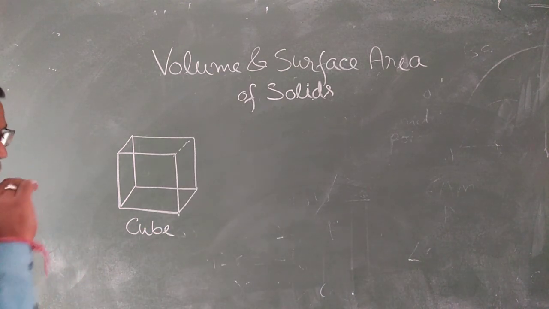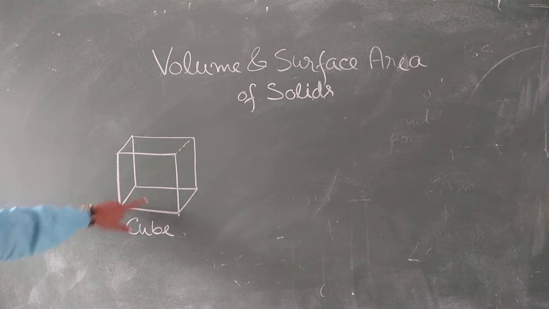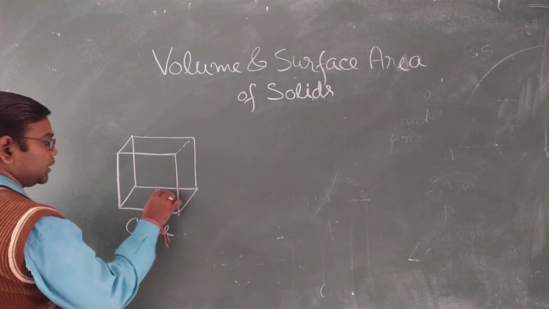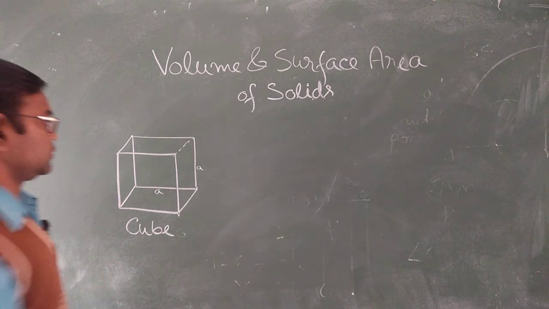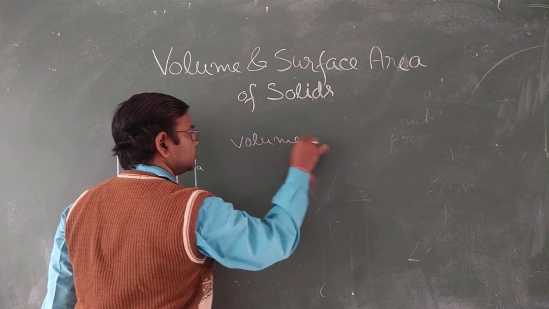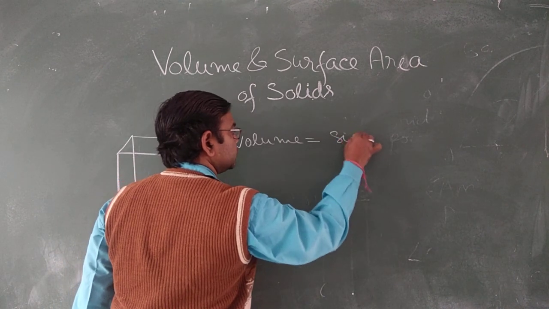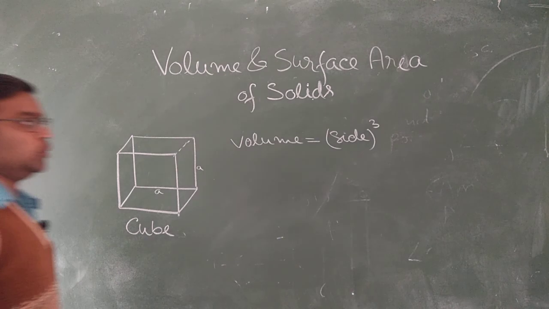Clear? As we know that all sides of a square are equal to each other, so this one is easier for us. What is the volume of a cube? Equals side into side into side, we can say side to the power 3, side cube.